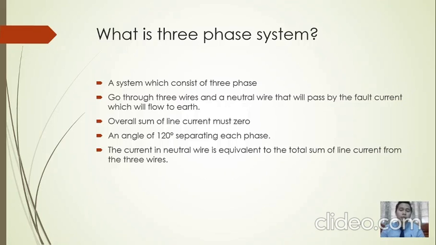This angle must be the same for every single phase, for three phases equivalent to 360 degrees. The current in the neutral wire is equivalent to the total sum of the line current from the three wires. This is the brief introduction for the three-phase system.